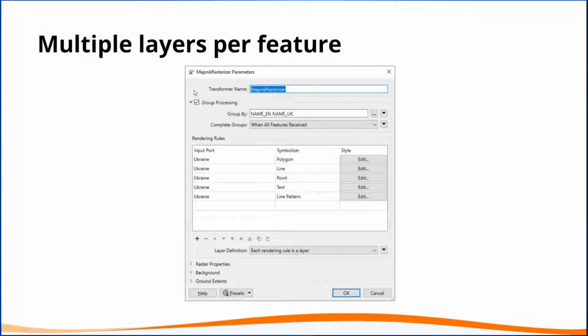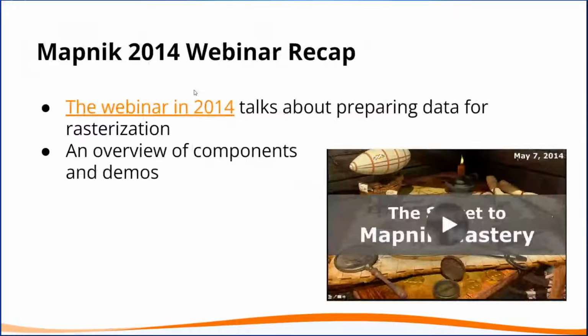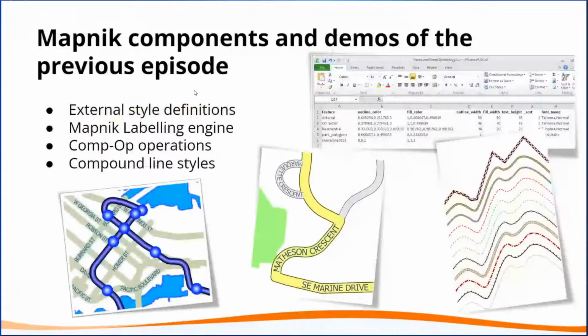So we talked about multiple layers per input, different ways of styling it, and you probably saw how it all works. I will quickly go over demos that we had in 2014 because I think they were really good, and I updated the workspaces that were created for that webinar, and we will include them in the materials for this webinar.